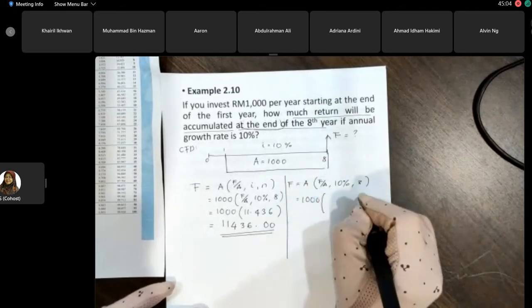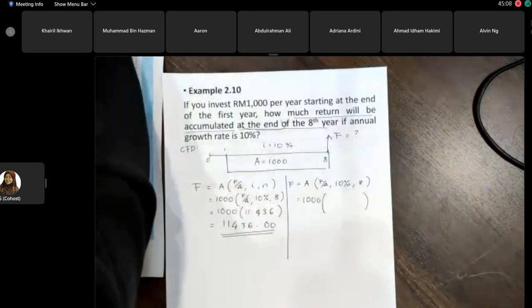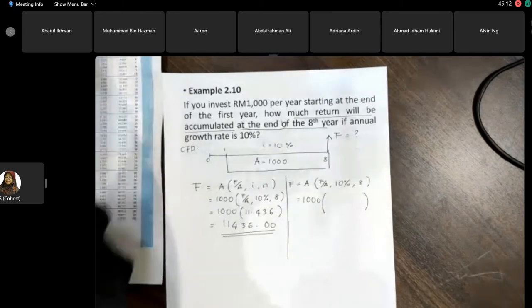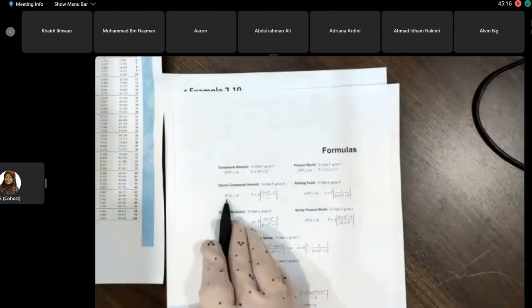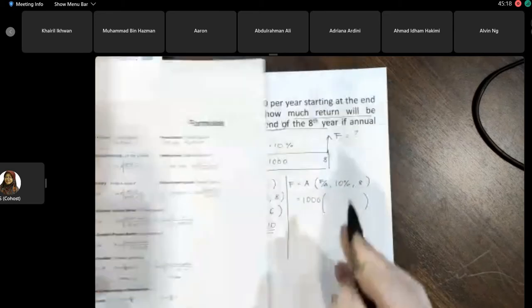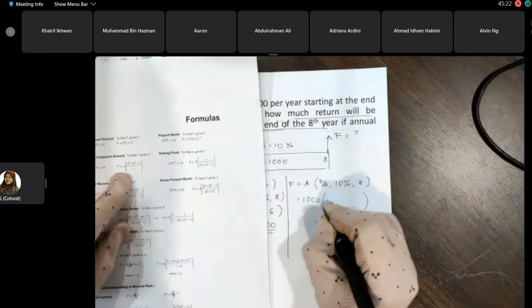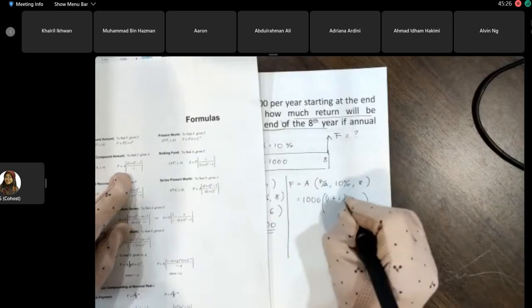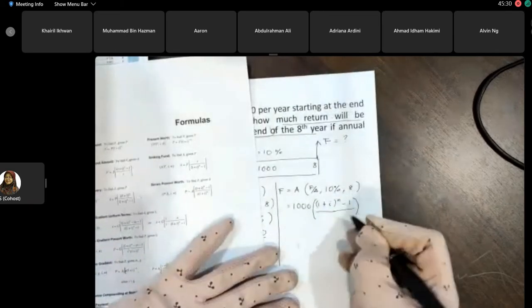Check the formula for F over A. Put in the bracket: (1+i) to the power of n minus 1, over i.